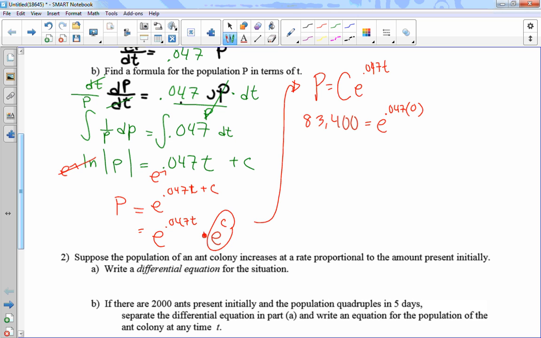Oops, there we go. Okay, and e to the 0 power is 1. So we find out that C, in fact, is what the student was saying anyway. There's too many zeros. Okay, so you're right. P of t is 83,400 e to the 0.047t.